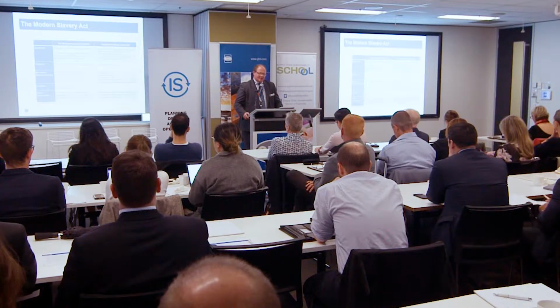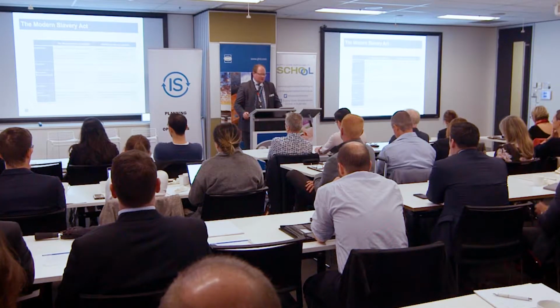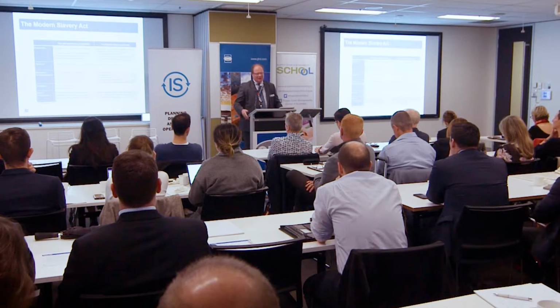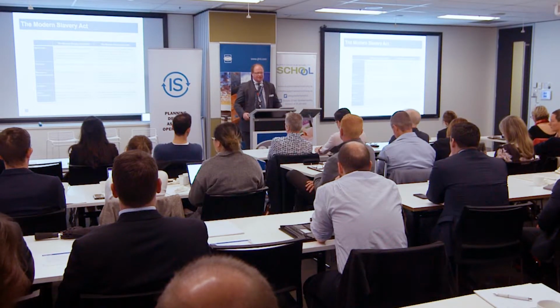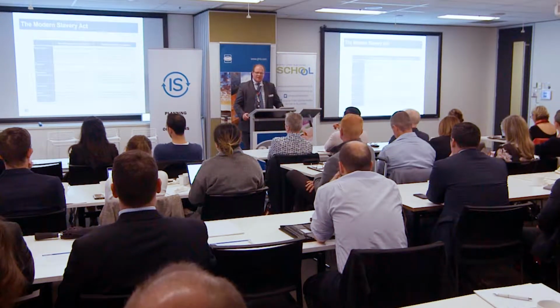The New South Wales Act is, I would say, a more fully fledged Modern Slavery Act, because whilst it has a reporting requirement, it has a whole raft of other things in it, such as an anti-slavery commissioner that should work with government agencies to try and make better prevention of modern slavery in New South Wales, as well as educational activities, and a whole raft of other aspects.